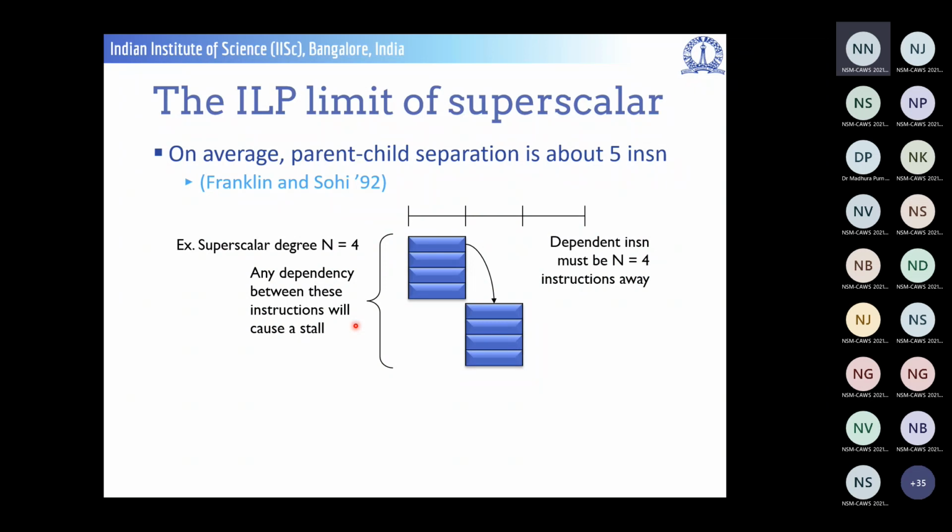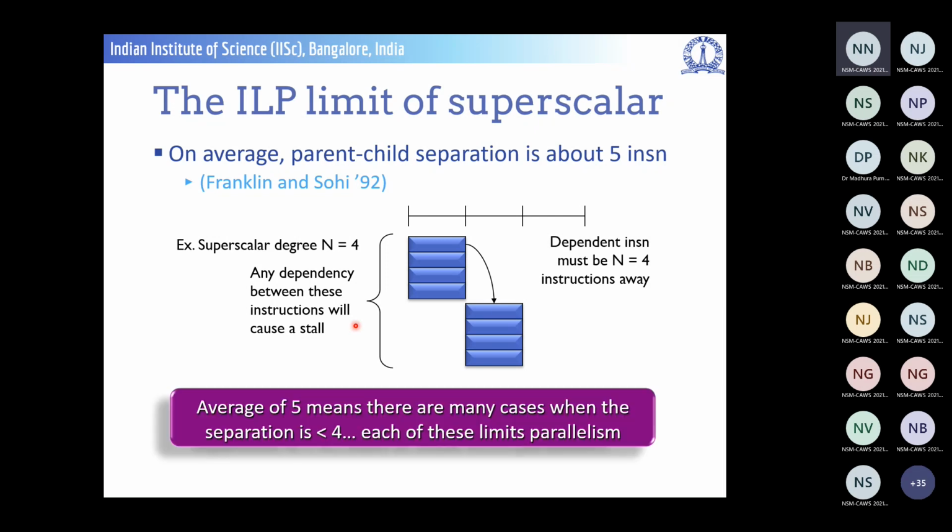So the amount of instruction level parallelism in a typical program is limited to, I think, 4 or 5, on average 5. If you go anything beyond an issue width of 5, most of the time you would not have enough ILP to keep these stages busy. So it doesn't get you any benefit.